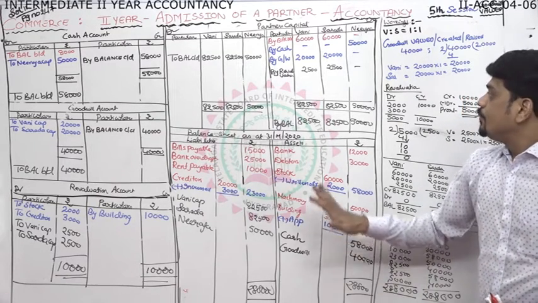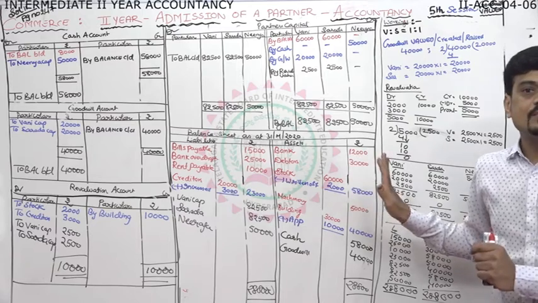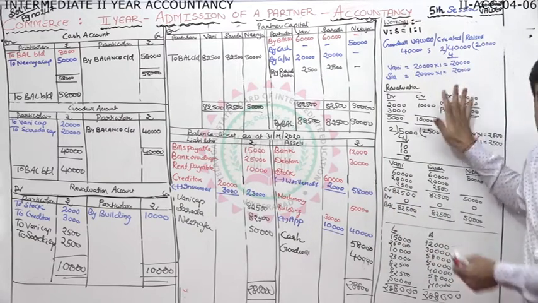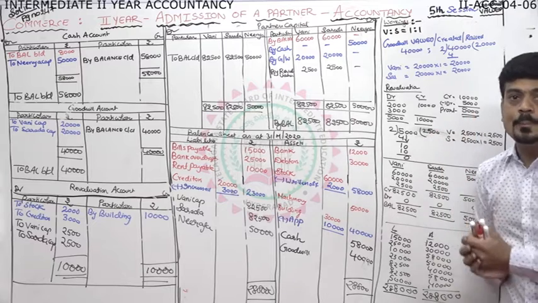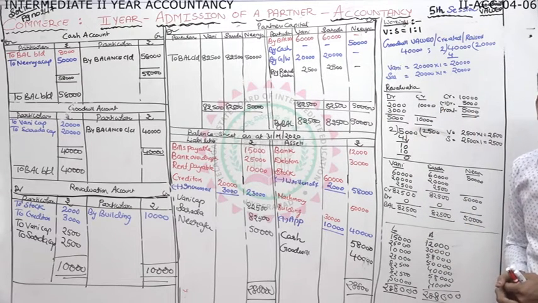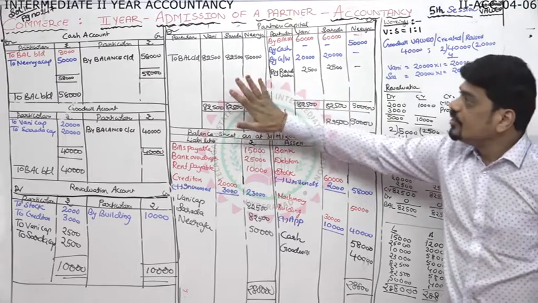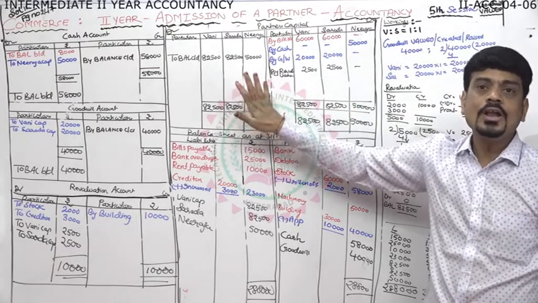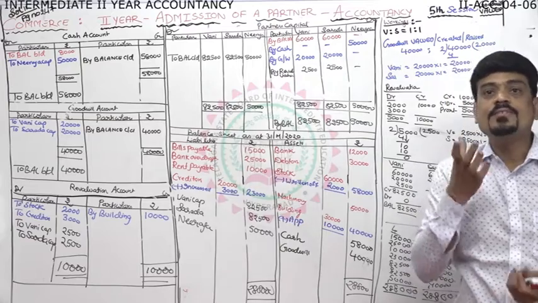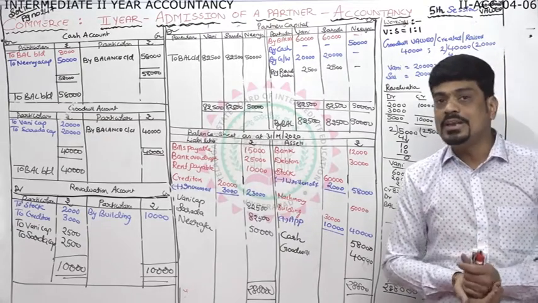Please do not do the working notes here and there. Try to do along with the solution so that you will be able to post them properly and you will be able to know your answer correctly also. So this is the pattern of your goodwill. What are the different patterns we have learned? One, we saw goodwill is brought in cash.